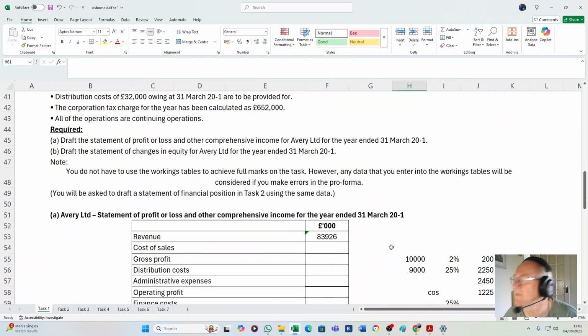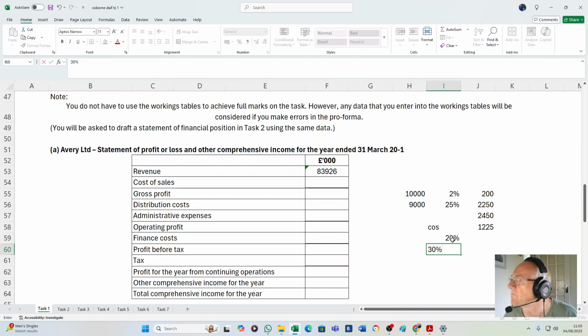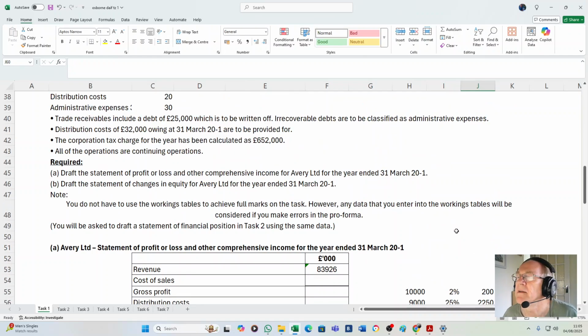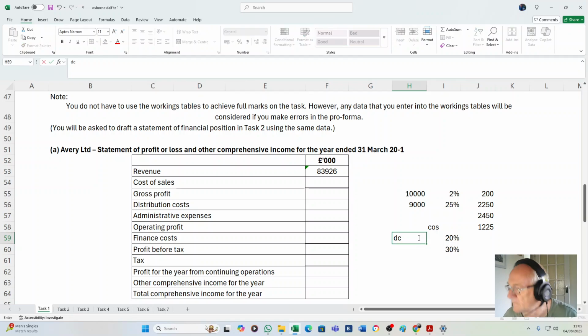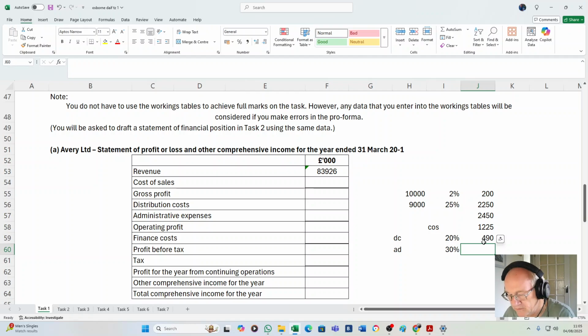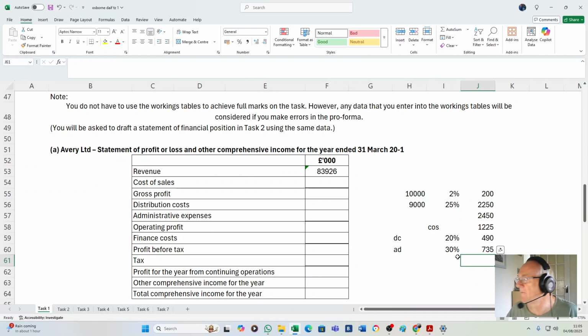So, oh no, actually distribution cost, no, it's actually 20%, didn't read it right. So the distribution cost was 20, and then that was the admin. Might as well do the whole calculations whilst we're at it, won't be long before we need it.